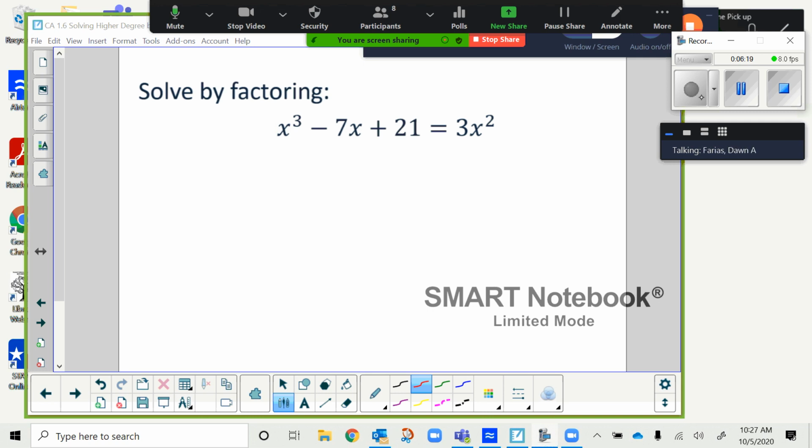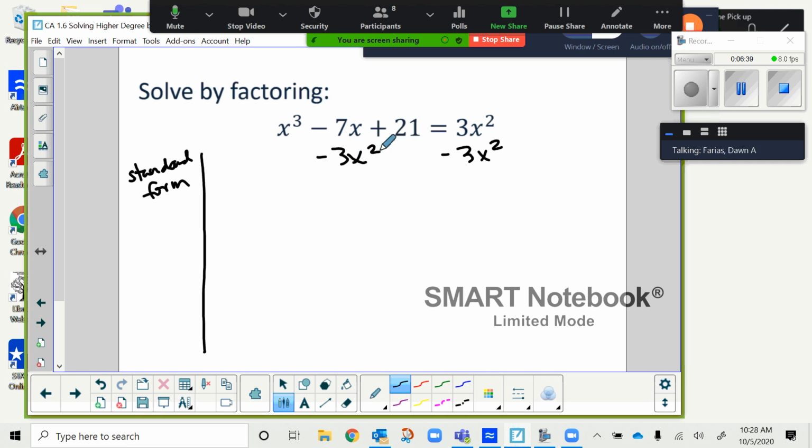Okay, so this problem right here, you still want to start by putting it in standard form, which means getting it equal to 0. So I subtract 3x squared from both sides.